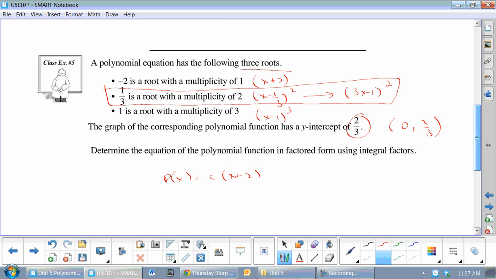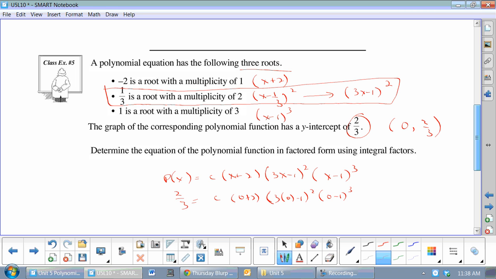P of x equals c (x plus 2)(3x minus 1) squared (x minus 1) cubed. So now I'm going to put in my y-intercept. 2/3 equals c (0 plus 2)(3 times 0 minus 1) squared (0 minus 1) cubed.